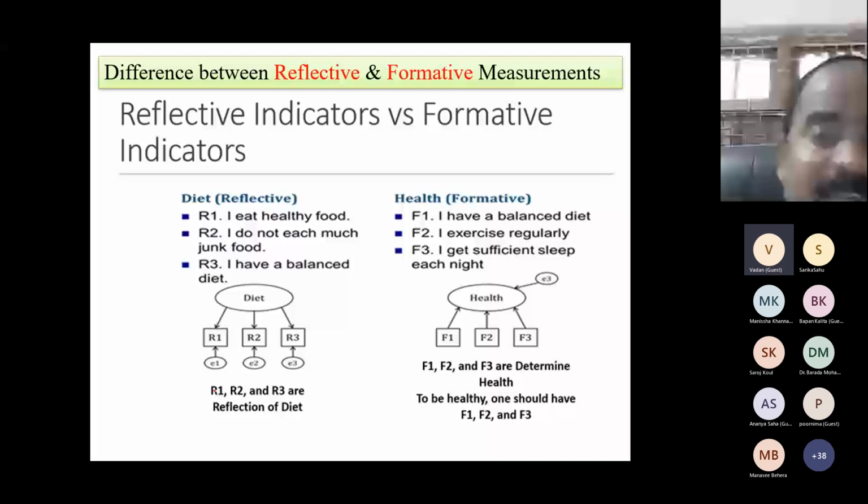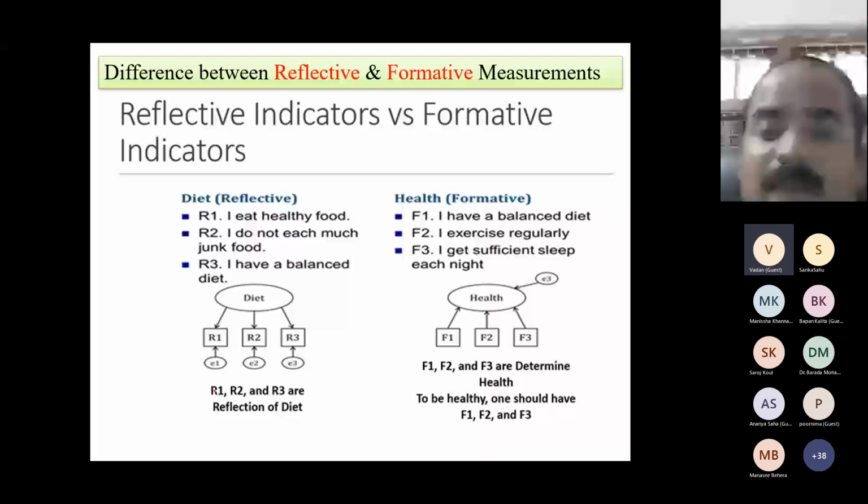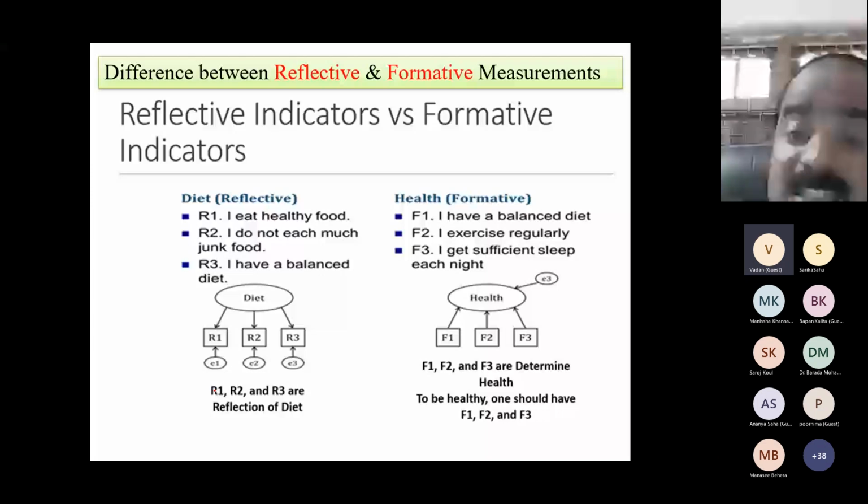Look at the reflective statements: I eat healthy food, I do not take much junk food, I have a balanced diet.